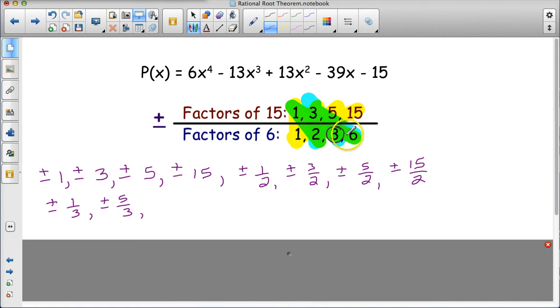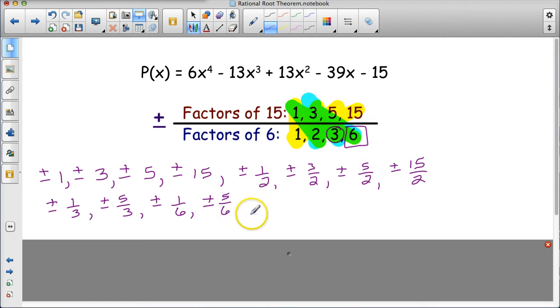Now we've taken care of the 3, so I need to take care of the 6. That means we have plus or minus 1/6, plus or minus 3/6, but 3/6 reduces to 1/2, so I don't have to write it again. Plus or minus 5/6, and plus or minus 15/6.